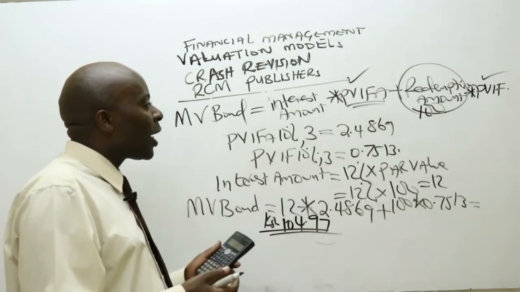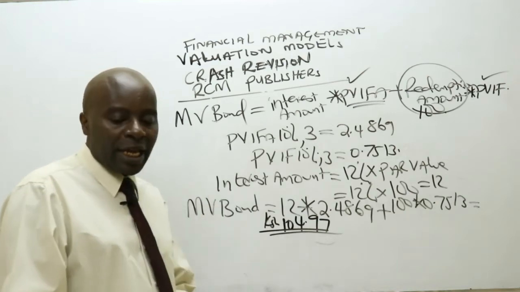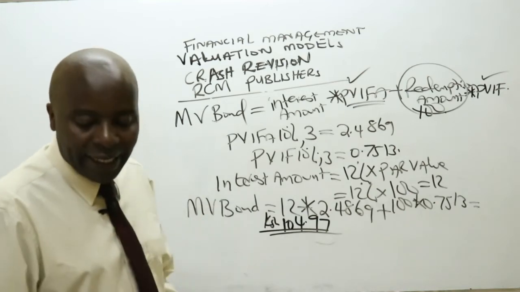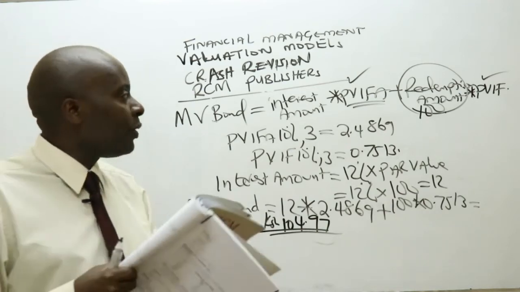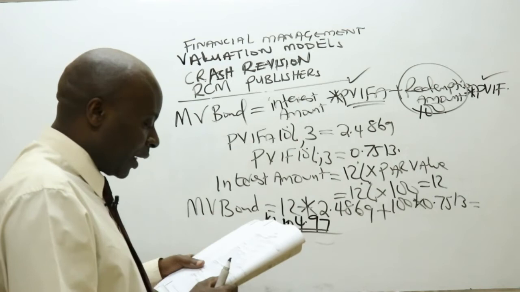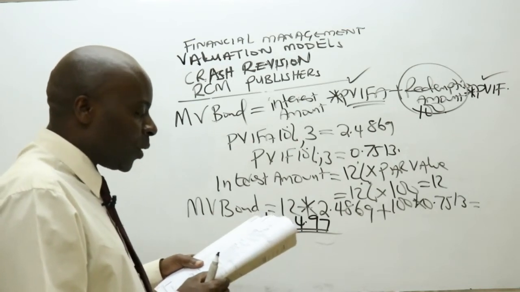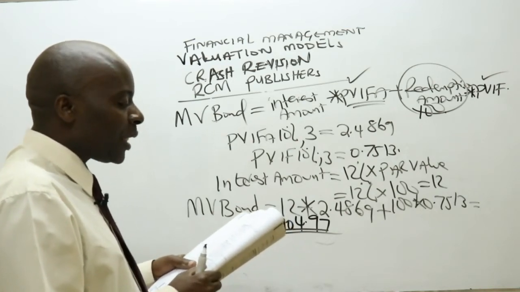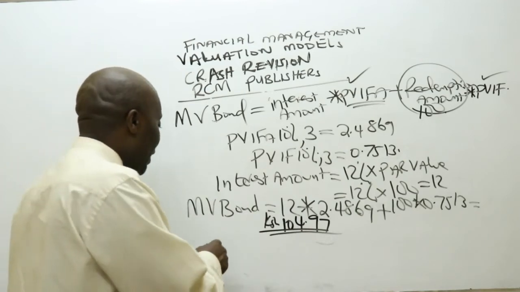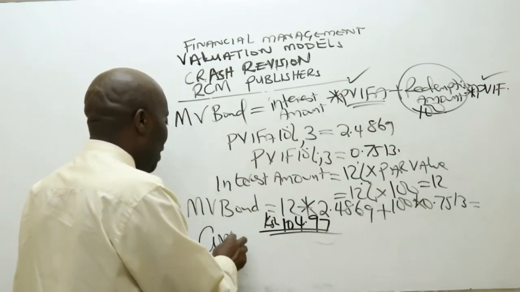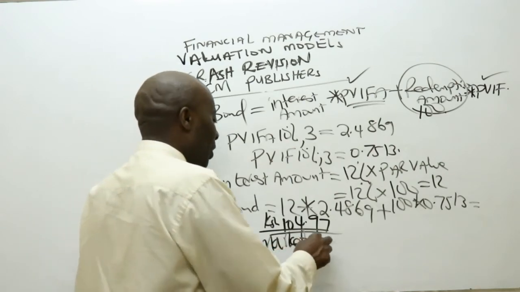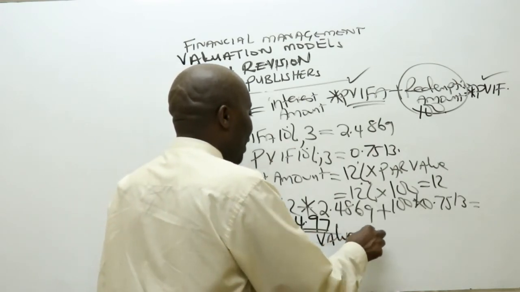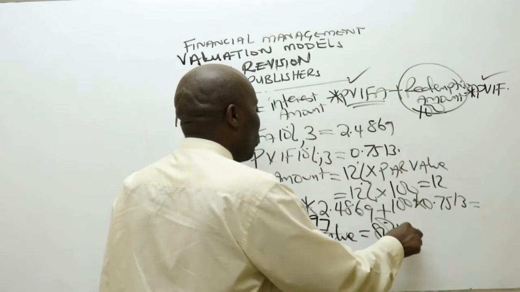But if you look at this particular question, they have given us somewhere there the current market value of the bond, which is 80% of the par.